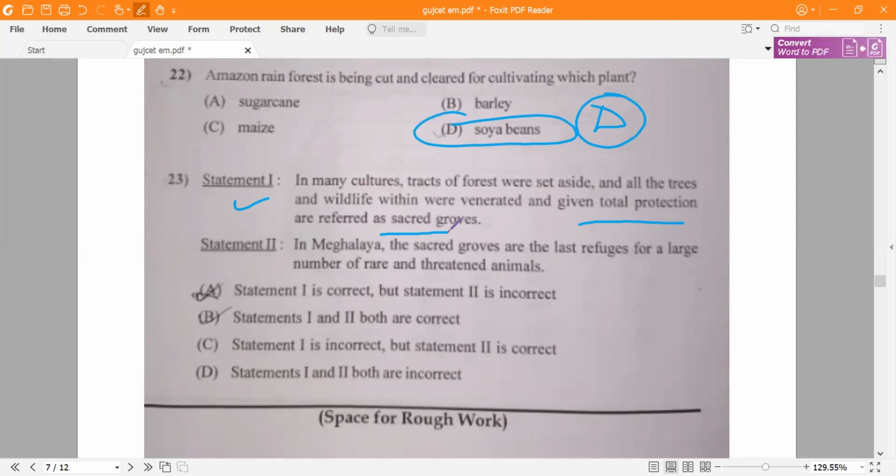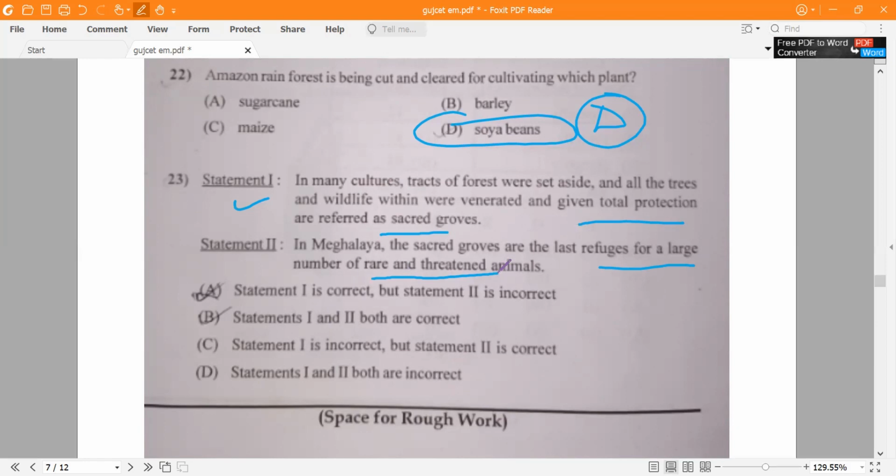It's mainly found in northeastern states of India, like Meghalaya, the Khasi and Jaintia hills. These are the last refuge for a large number of rare and threatened animals, because locally the tribals mark this area as sacred, take care of it, and will not hunt or touch a plant there.